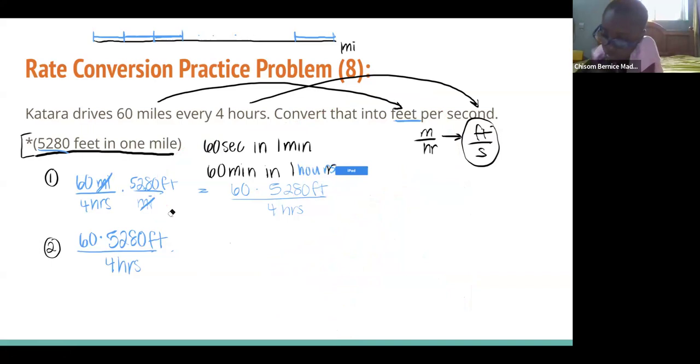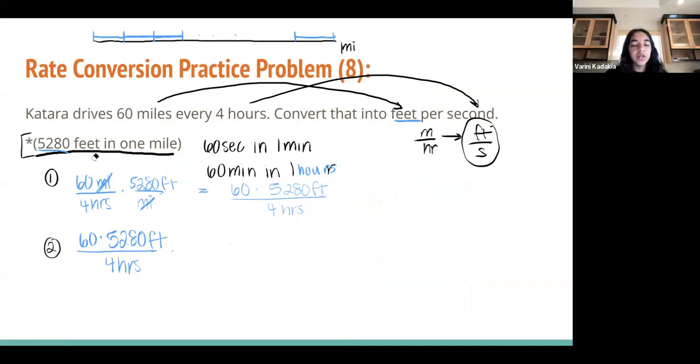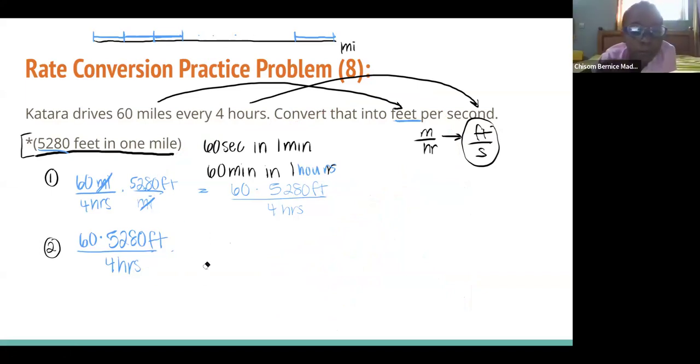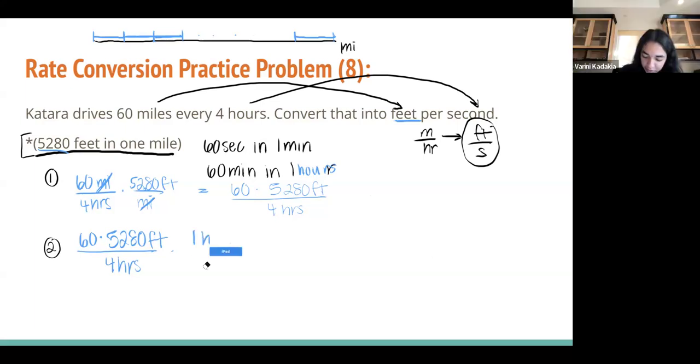Okay. So how should I get rid of the hours on the bottom? What should I multiply by? So here, in order to get rid of the miles, we put the miles at the bottom. If hours is on the bottom, where should we put hours? On the top. Okay, so we have 1 hour here.